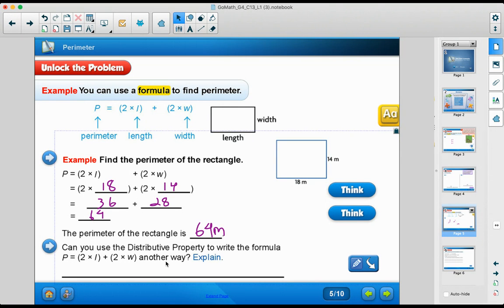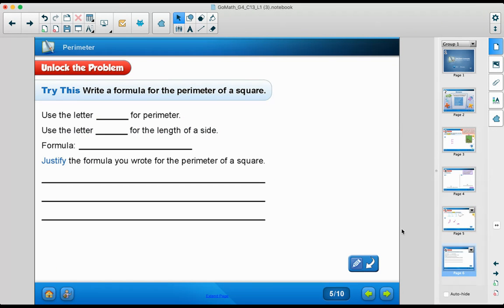Okay, we're not going to go into this today. Let's go to unlock the problem. Try this. Write a formula for the perimeter of a square. What do we know about a square? We know all the sides are equal. So use the letter P for perimeter.